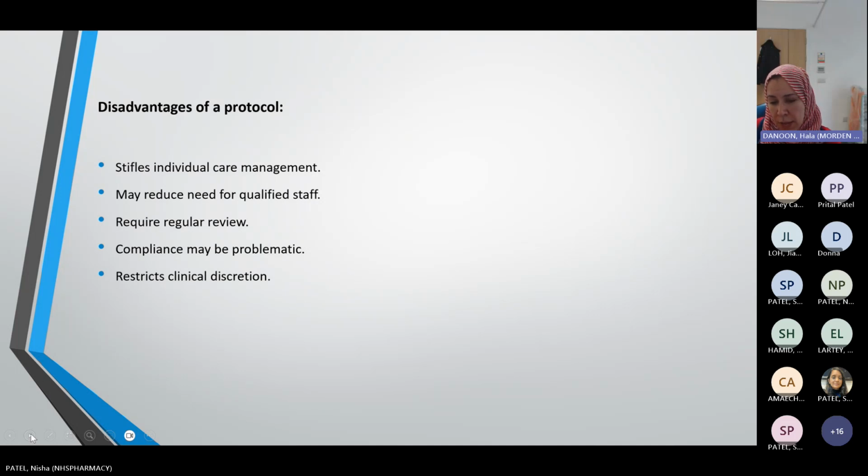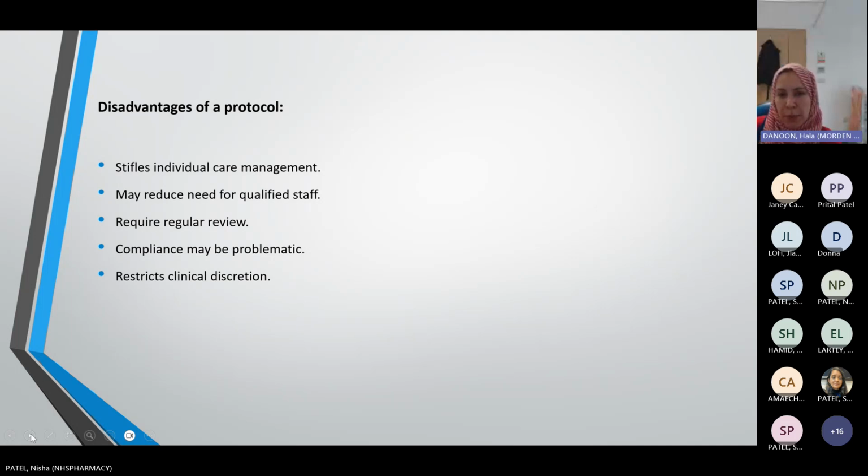So for example, if I have written an asthma protocol and I gave it to the healthcare assistant and to the nurses, and they're following it to the bit, that might make them feel, okay, I don't need to make my own clinical decision anymore. I'm just following it one by one. And I think as pharmacists who come from the background of SOP, sometimes we feel these could be restrictive.